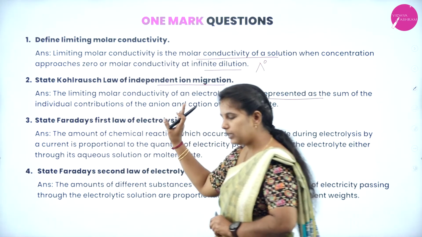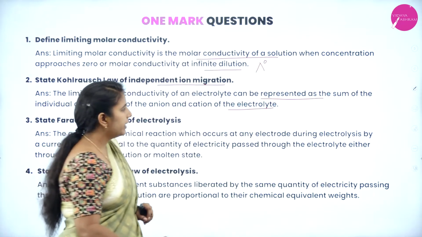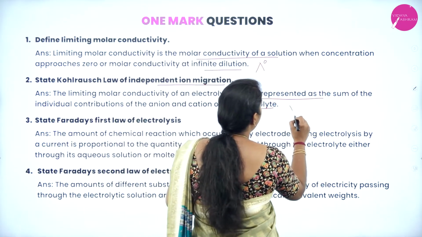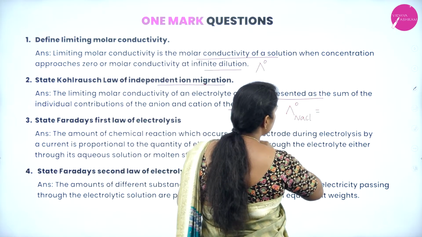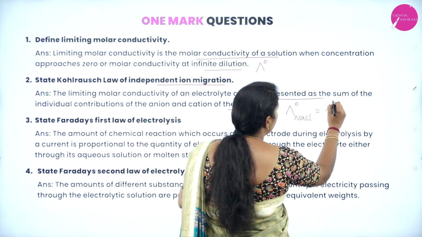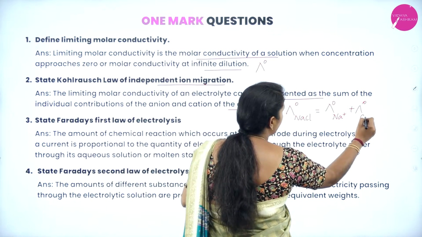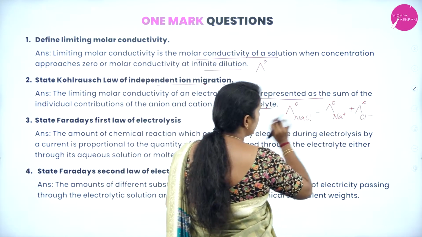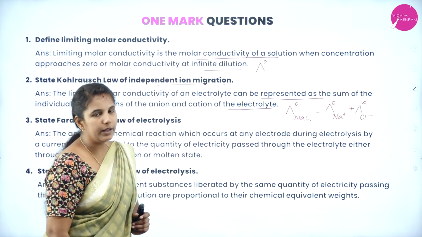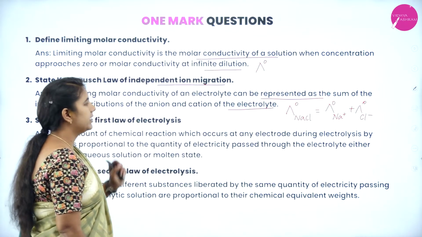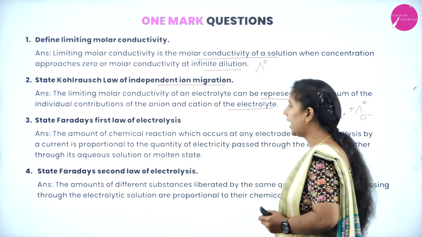Suppose it is the limiting molar conductivity of sodium chloride solution; it is obtained from the limiting molar conductivity of the sodium ion and the limiting molar conductivity of the chloride ion. The sum of these two is Kohlrausch's law of independent migration of ions, obtained from the limiting molar conductivity of each cation and anion.